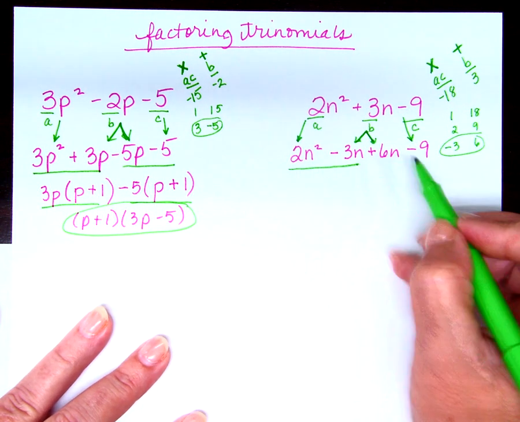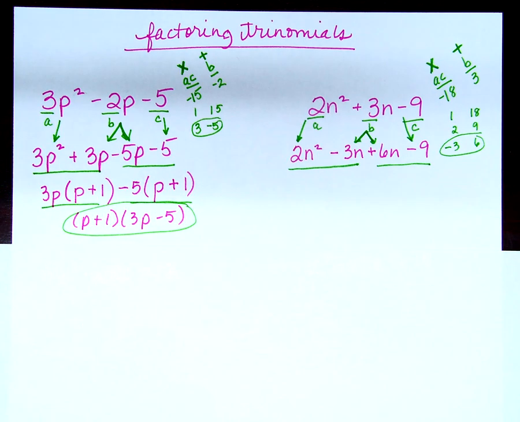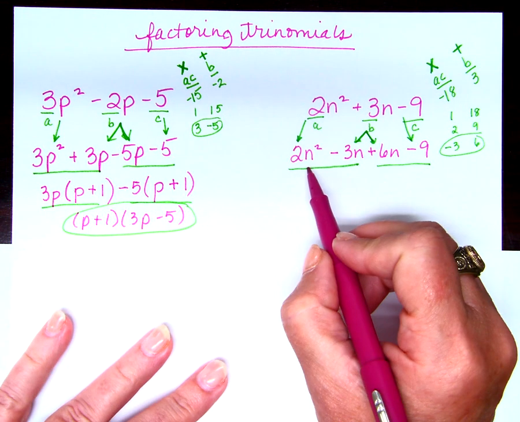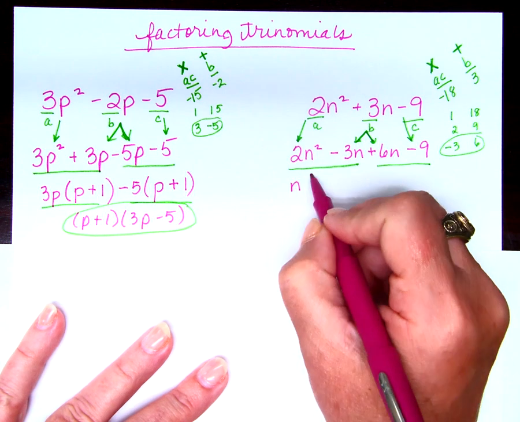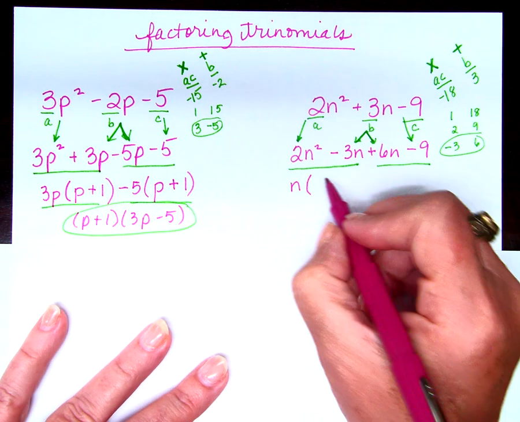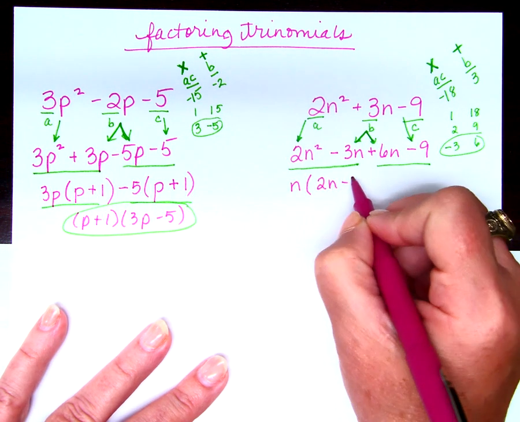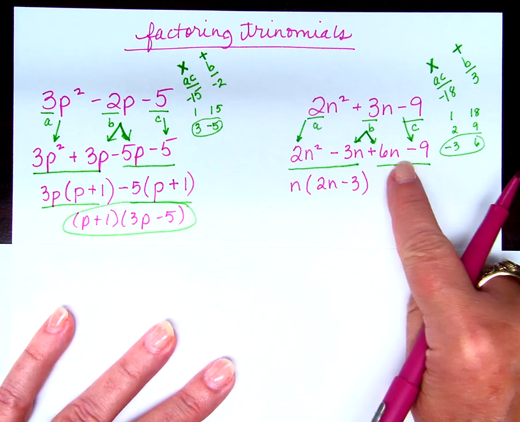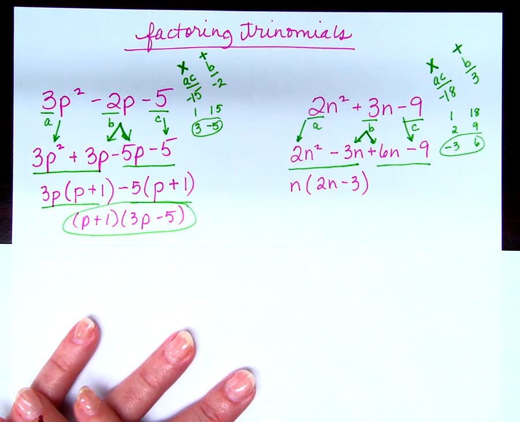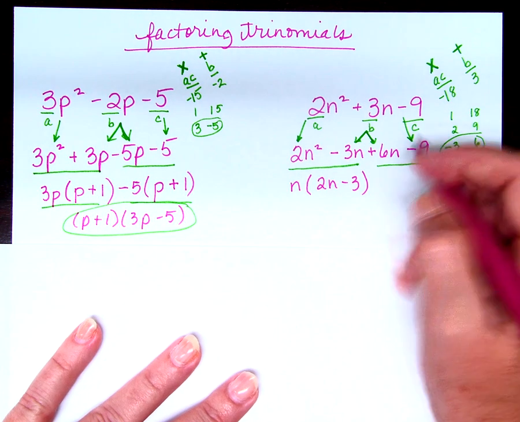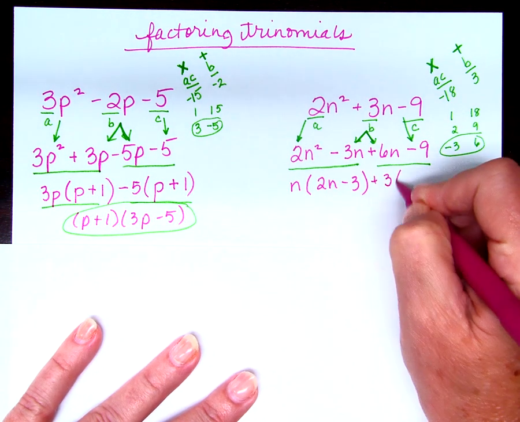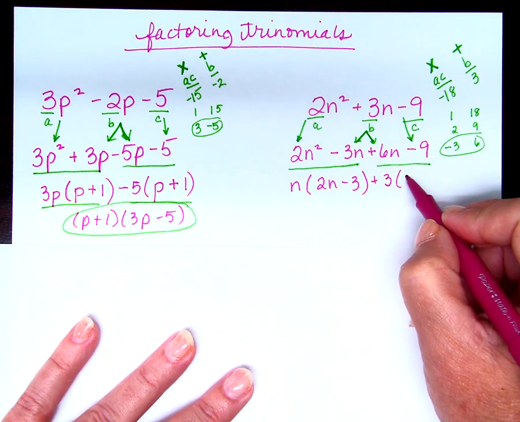Group the first two, group the last two. What's common in the first two terms? N, very good. What's left if I factor out an n? 2n minus 3, excellent. What's common in the last two terms? What are they both divisible by? 3. What's left if I factor out a 3 from each term?